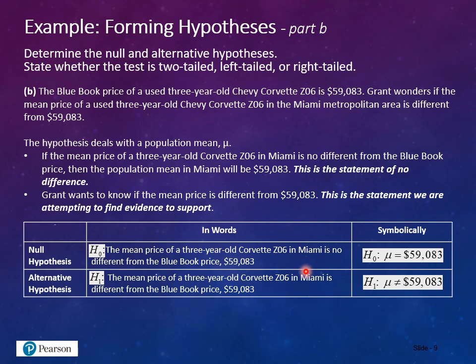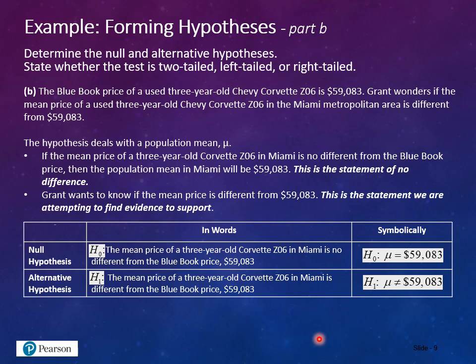The alternative hypothesis by nature needs to be a different statement. So the mean price of a 3-year-old Corvette in Miami is different from the Blue Book value. To me, they're trying to mirror these statements, but they make them more confusing because they almost seem the same, since it's different from the Blue Book value in both of them.